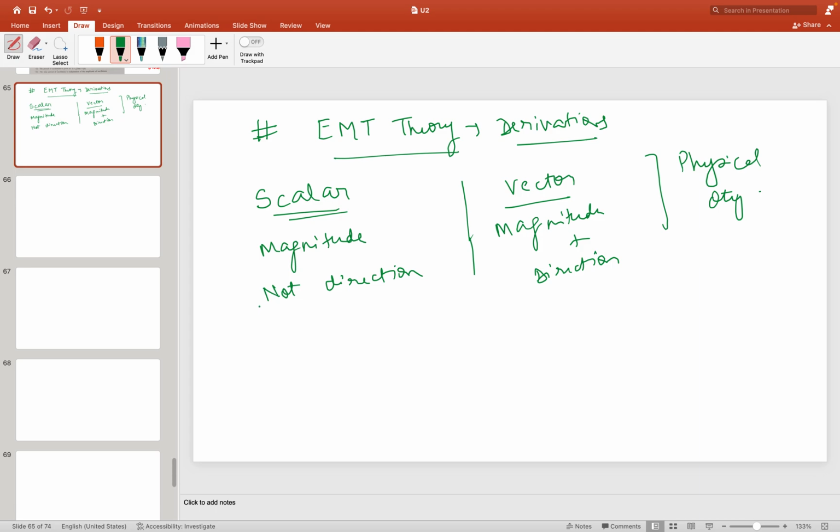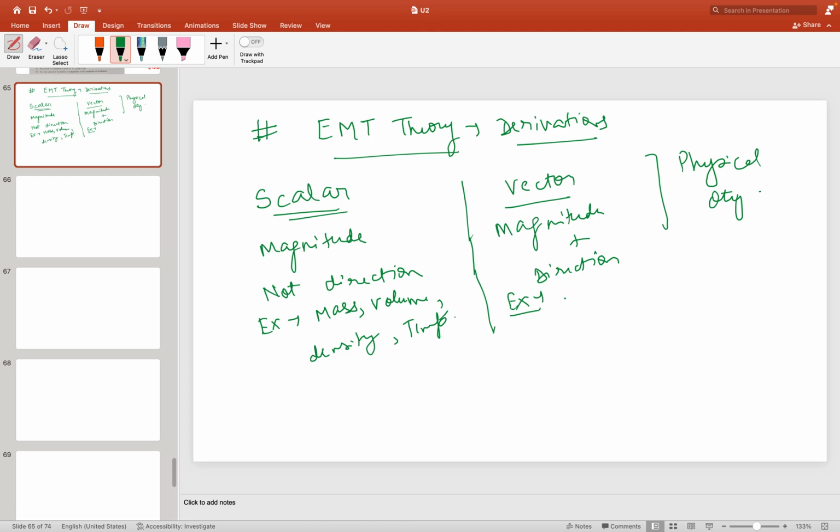So examples of scalar quantities are mass, volume, density, or temperature. These are all scalar quantities. What are the examples of vector quantities? Anyone from the class?